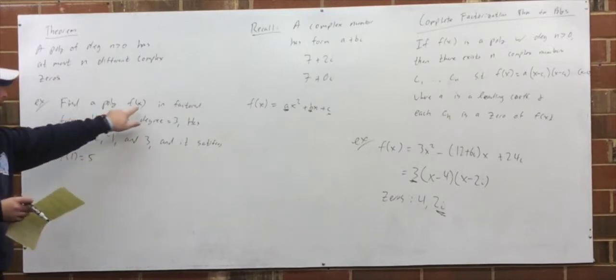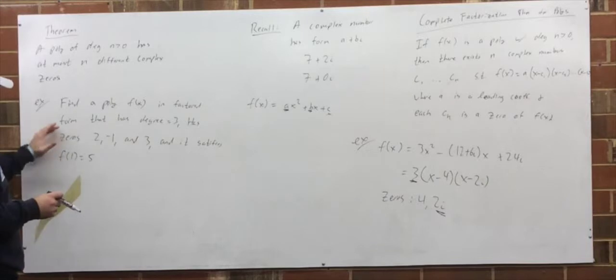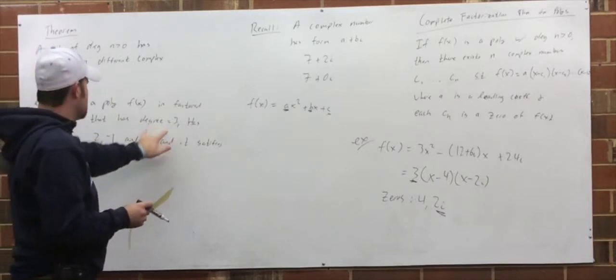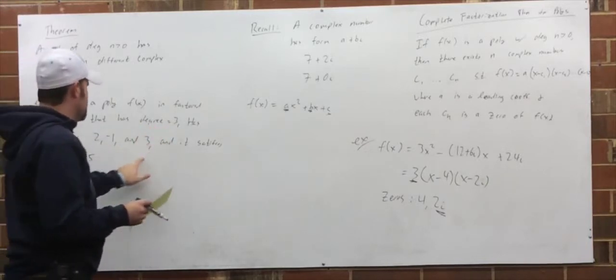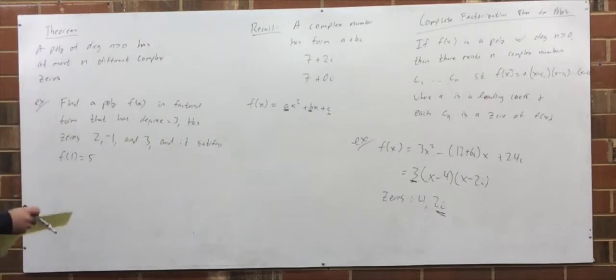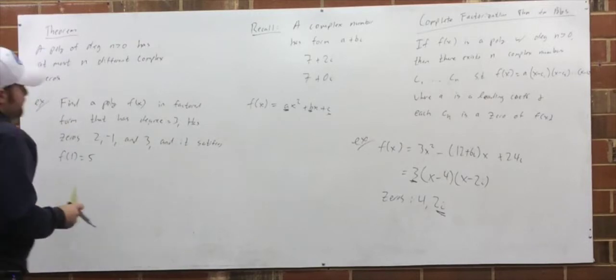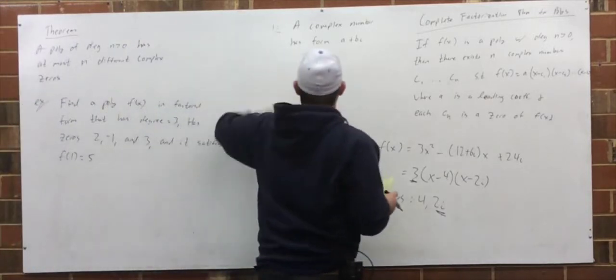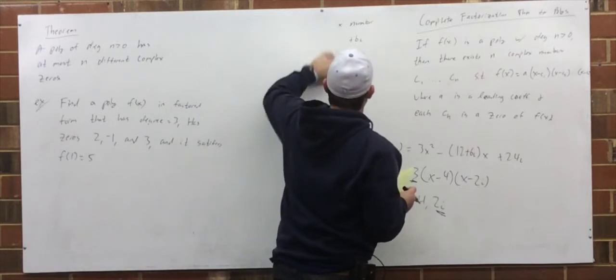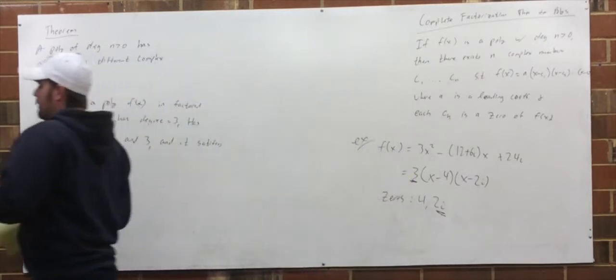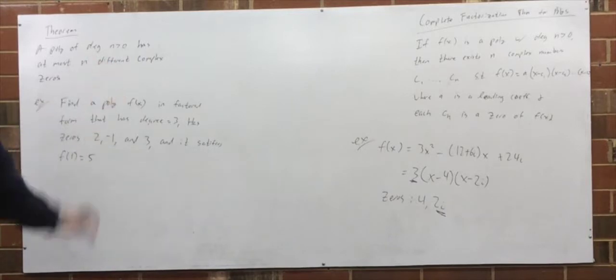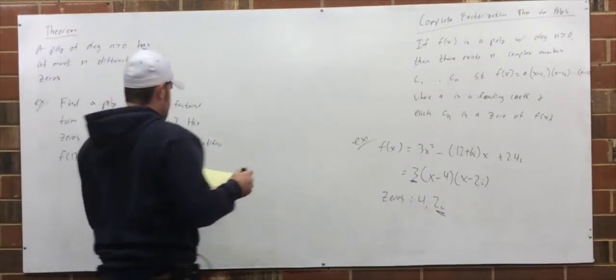So we want to find f of x such that it meets all these criteria. A degree equal to 3, zeros of this, and it satisfies f of 1 equal to 5. So let's see what that's going to look like. Basically, this problem is going to use all the theorems that we put on the board up to this point.